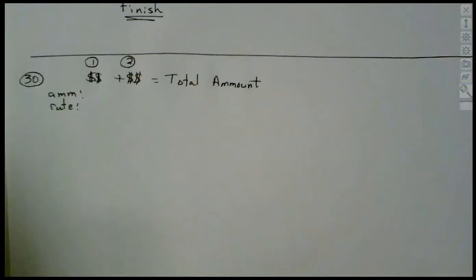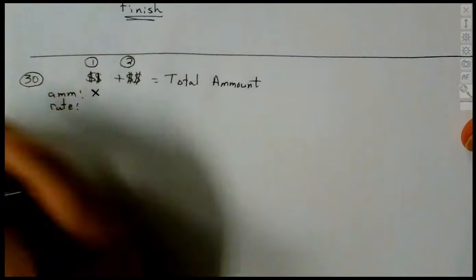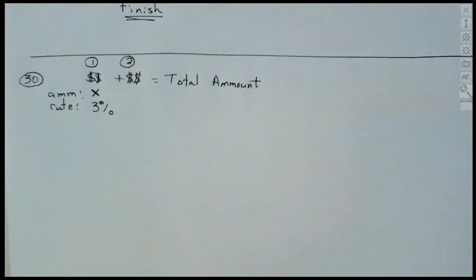So with an income earned by selling the rights to his story, an actor invests some money at 3%. Okay, so some money at 3%. So we don't know the amount. That's going to be X. The percentage rate is 3%. Is everyone okay with that?